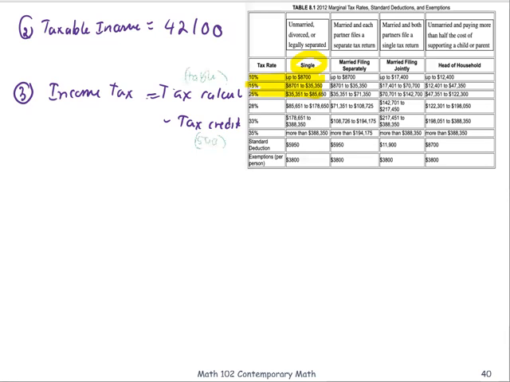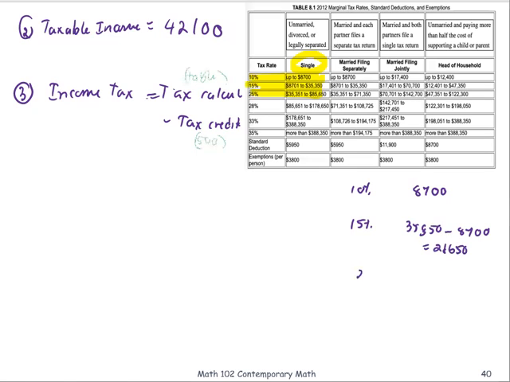So let's make a tier. For 10%, it will be for up to 8,700. And then the next tier is 15% between 35,350 and 8,700. That comes up to be the value 26,650.